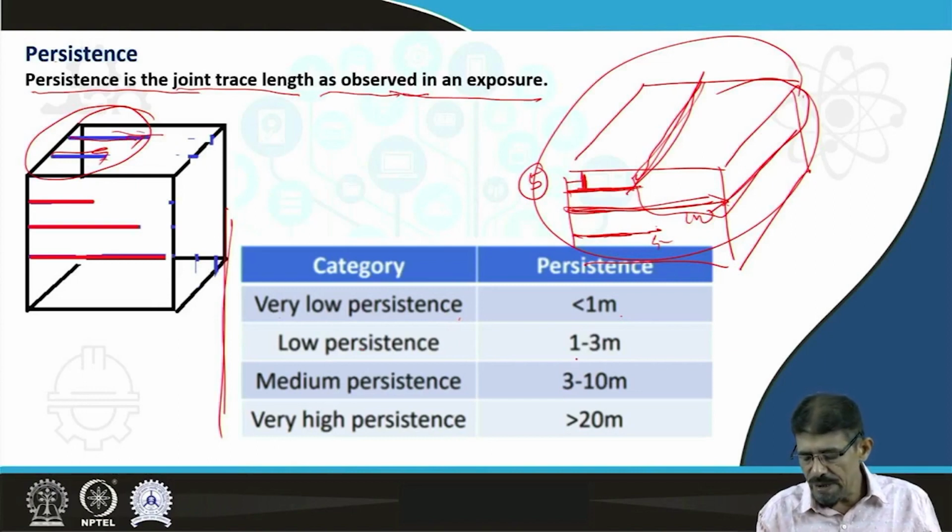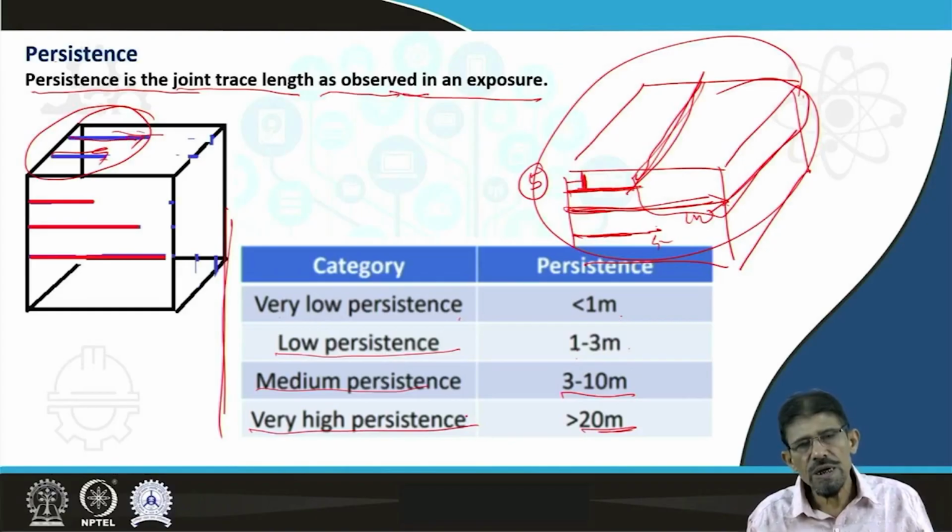If it is ranging from 1 to 3 meters, it is low persistence. If 3 to 10, medium persistence. And if more than 20, then very high persistence. In this way, we are able to categorize joints based on persistence. So we have categorized based on joint spacing, and we are able to categorize different groups based on persistence.